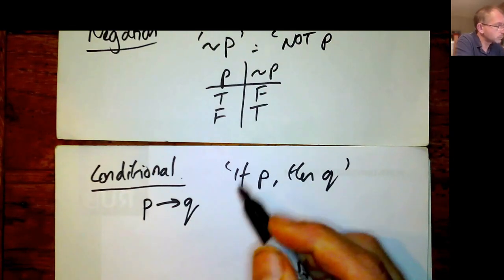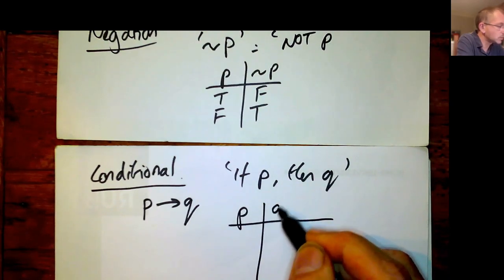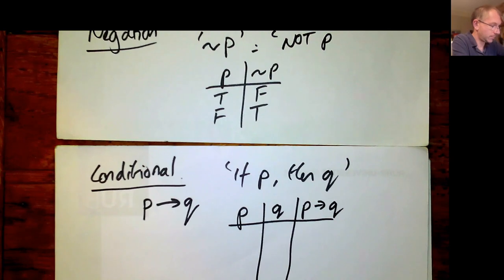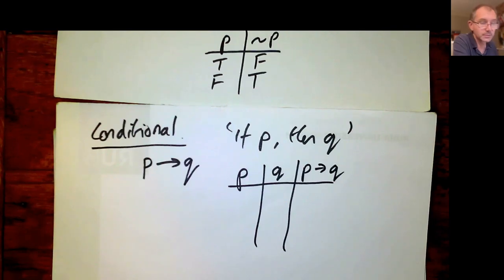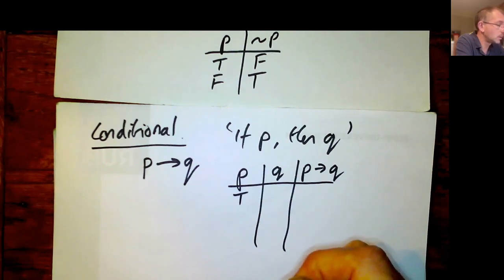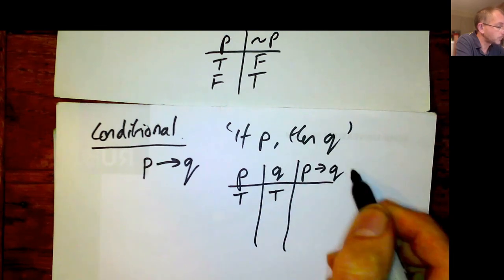So how does that work as a truth table? All I'm saying in that statement is, I don't care if P is false, then I have nothing to say on the matter. But if I know that P is true, then I must know that Q is true, or the statement I'm making is false. So let's write that down. If P is true, then Q has to be true according to this statement.